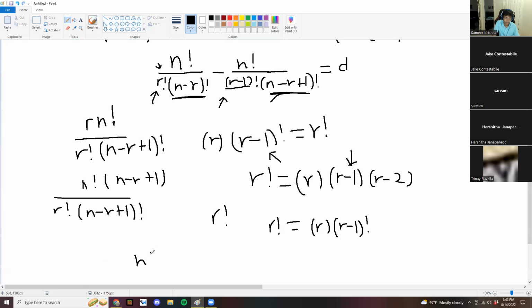So it would be r factorial times n minus r plus 1 factorial. And on top of this, it would be n minus r plus 1 times n factorial minus, yeah, okay, I got this.